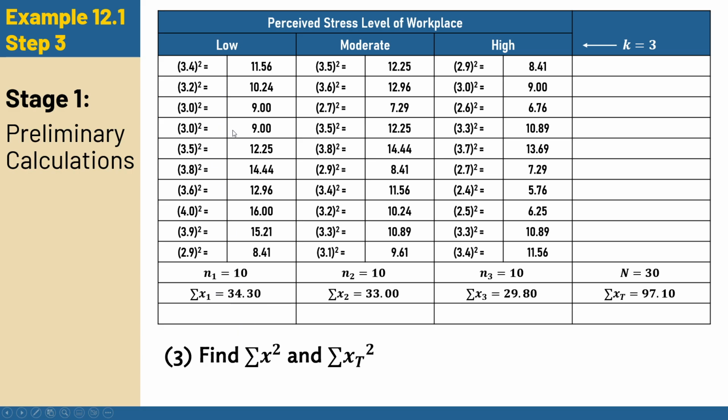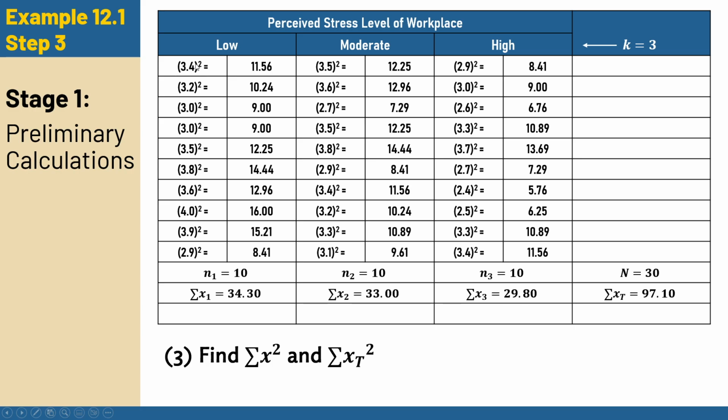So for the low group, some people think that for sigma x squared, we just square 34.3, and that is incorrect. That's not what we're doing. Sigma means sum of, and here it's the sum of x squared. So it means we're summing the actual observed values squared, or the squares of the actual observed values. It's a better way to say that.